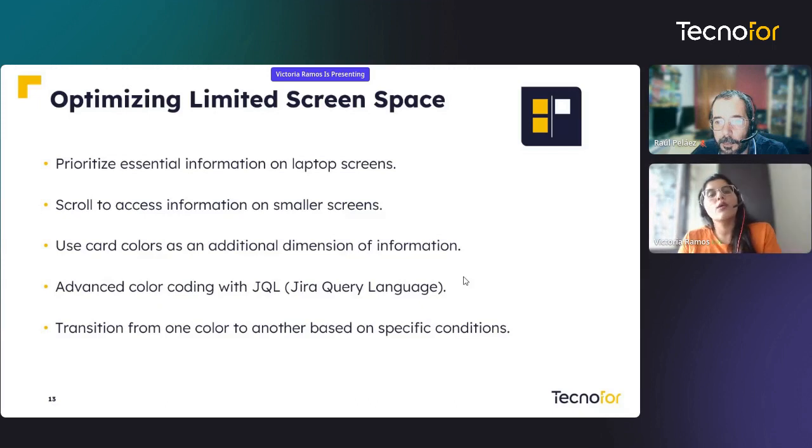We are going to see also during the demo that we have some extra functionalities like scrolling in our boards, so it improves the visualization when we are accessing from a mobile, for example, or a tablet with small screens, and we can scroll in our board and get a better overview of our project.